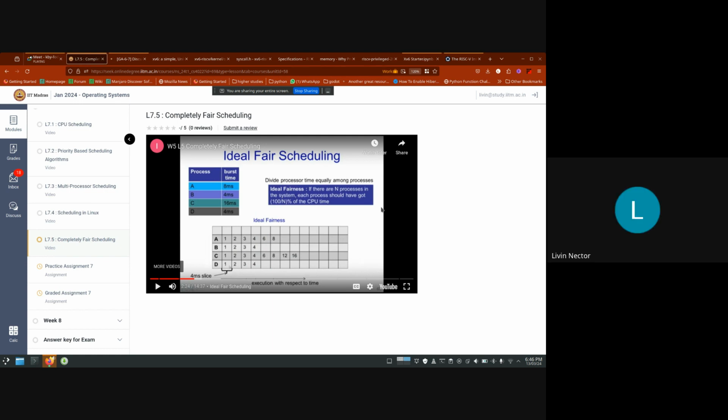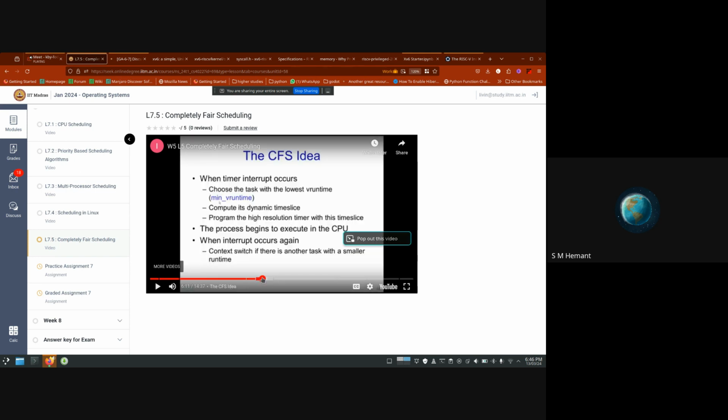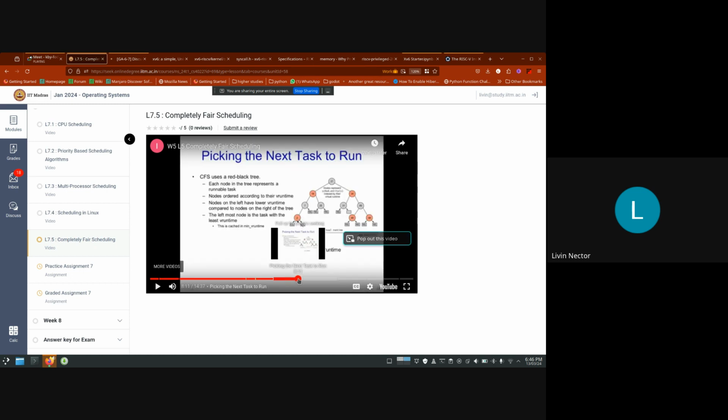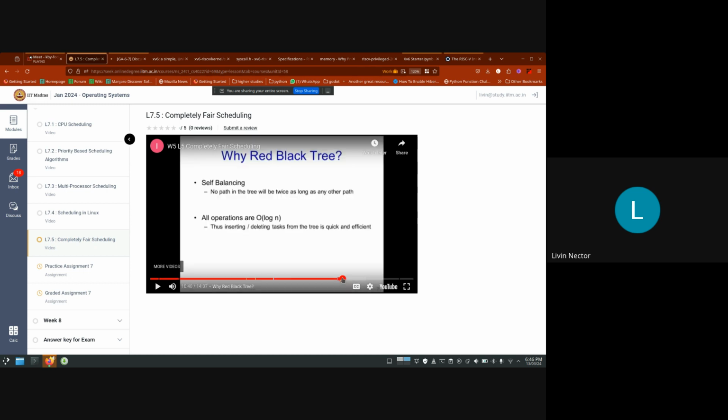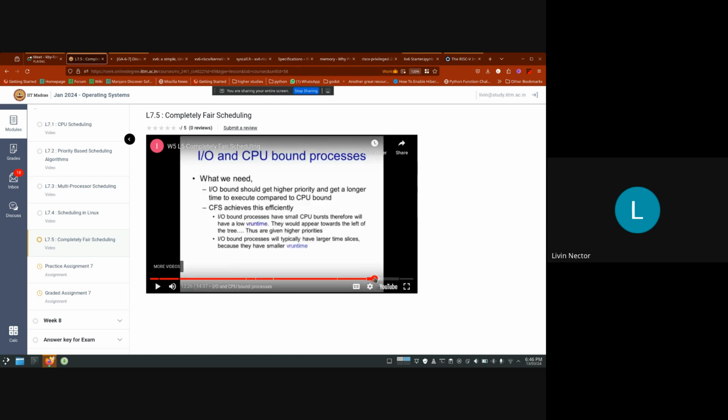IO bound process. Why do you think IO bound process takes less time? It was mentioned that it usually takes less burst time, less cycle times to execute. Okay. Let me go through it. Can you point out where that is? Here. Yes, here. Okay.